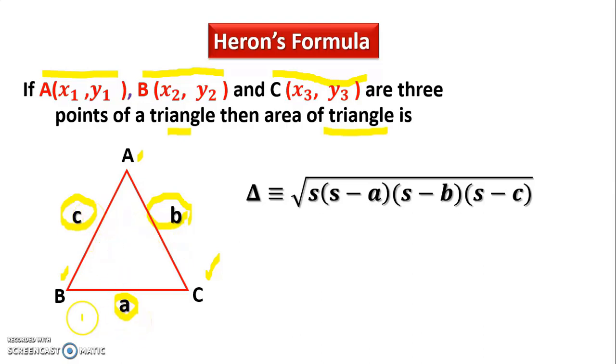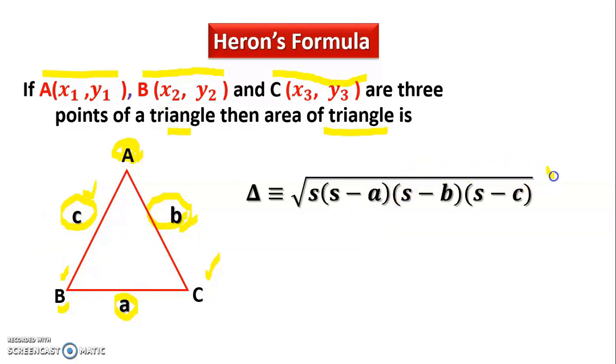Small a is the length of BC, the side opposite to the vertex A. B vertex opposite side length is small b. C vertex opposite side length is small c. You can easily remember that BC length is a, AC length is b and AB length is c.